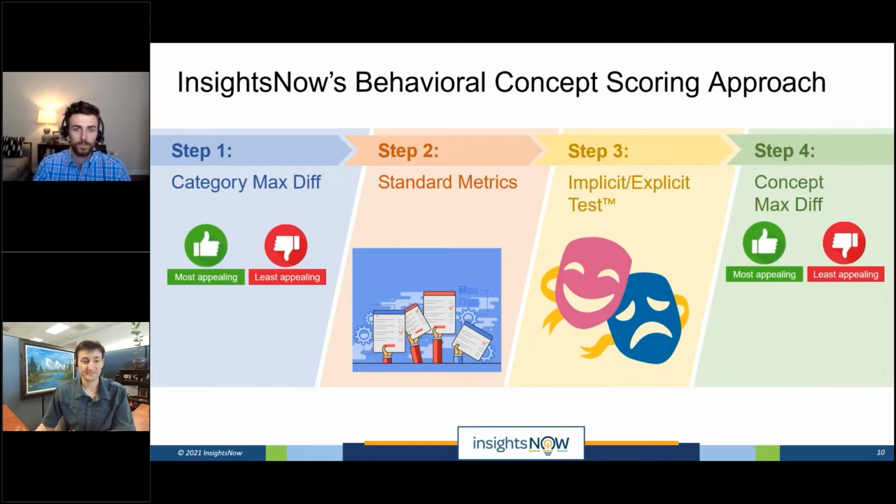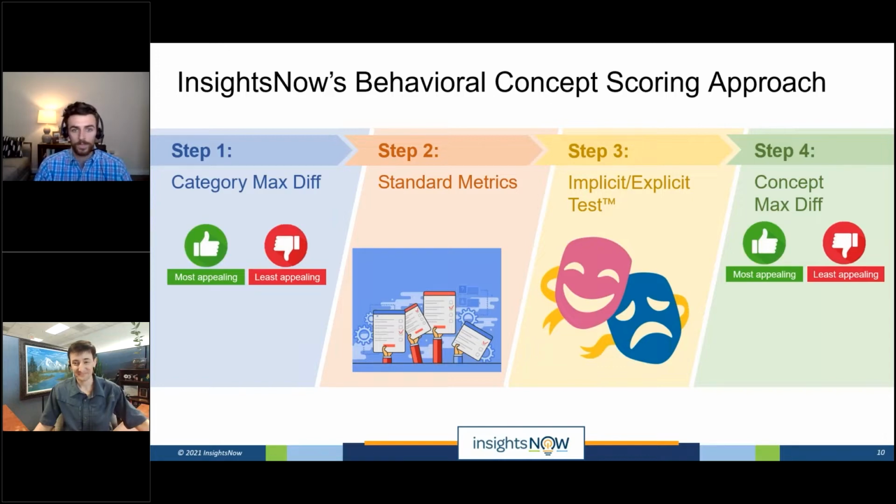And the ranking is important for the implicit explicit test module that we are doing in step 3. And that's where we're collecting that additional behavior layer to the consumer insights. And Greg mentioned that as far as that implicit, explicit, nudge, disrupt behavior. And we'll talk more about that later on.